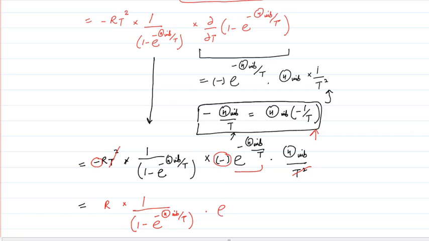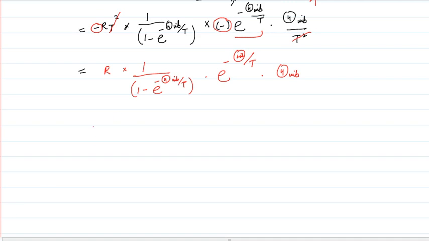We can write it as e raised power minus theta vibration upon T into theta vibration. So our equation becomes R. First we will write this part here.